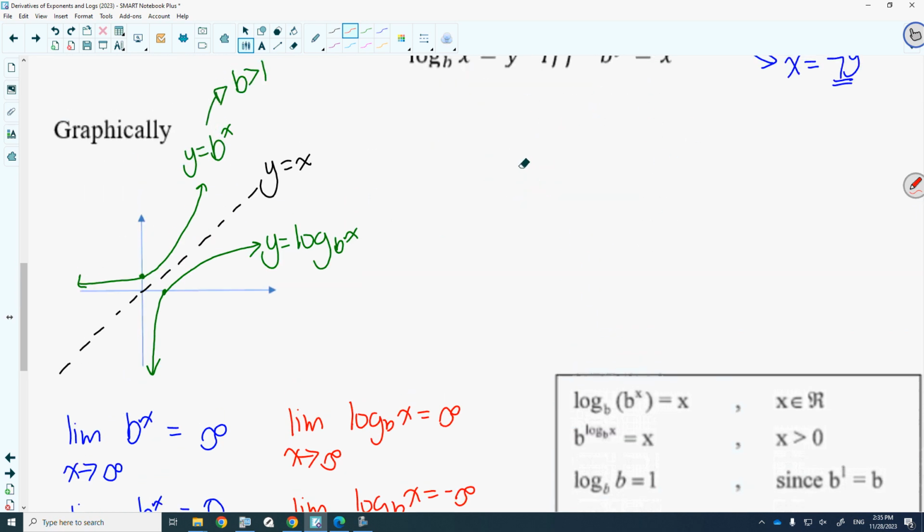Now, a couple of things that I want you to make note of for log graphs that are really important to understand. I don't know if you made these connections in 30-1, but we'll go through them. Exponential growth is extremely quick. So write down: exponential growth is very, very quick.